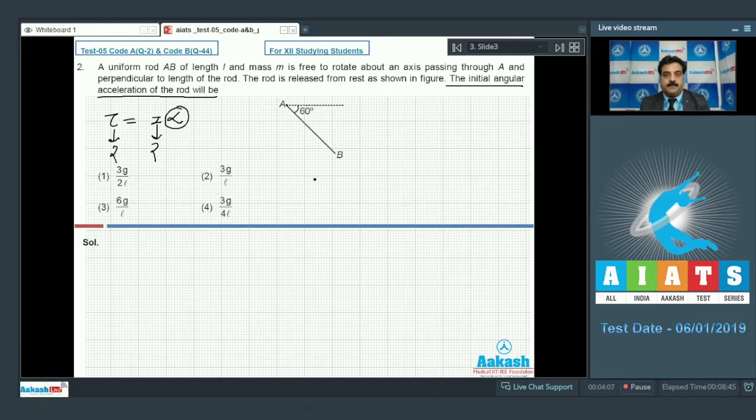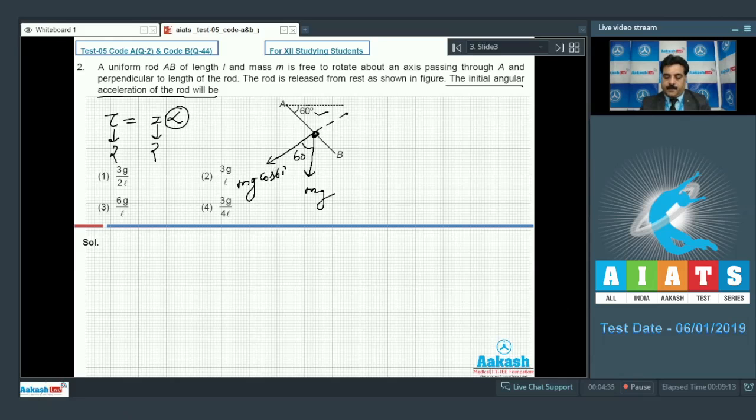If I make the free body diagram, this is the center of mass of the rod, and you know the position of the center of mass for a uniform rod is L by 2. So mg will act here, and if I resolve the component of this force, this theta will be 60 because 60 is given. So here you can write mg cos 60.